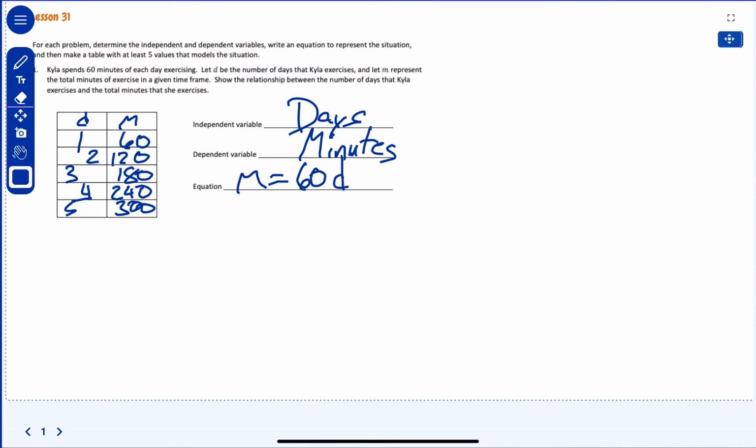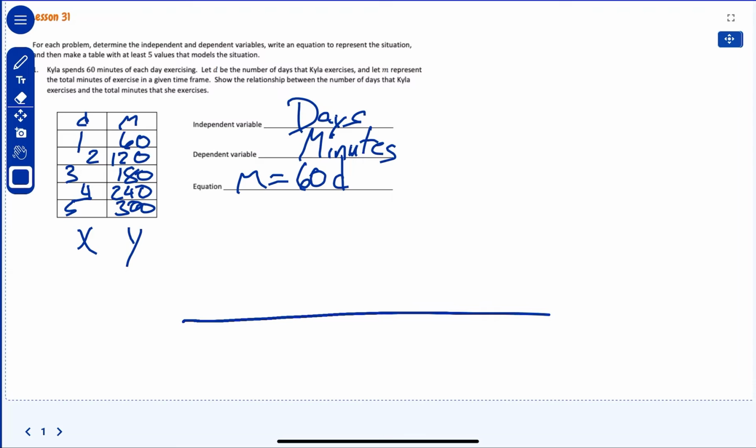Now go to page 2. Before, let's go back to page 1. Now, when we're talking about these tables, I just want to put this in your head right quick. This is your X and this is your Y. The dependent variable is your Y. Your X is your independent.